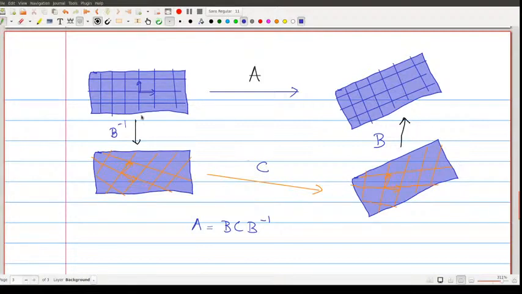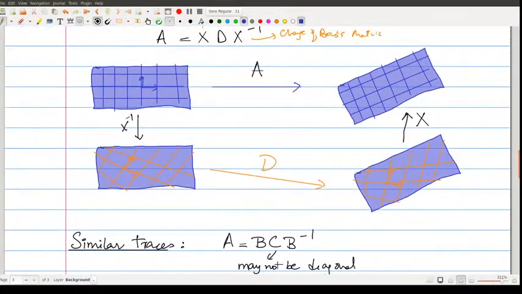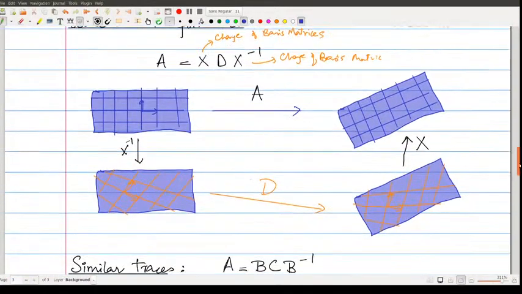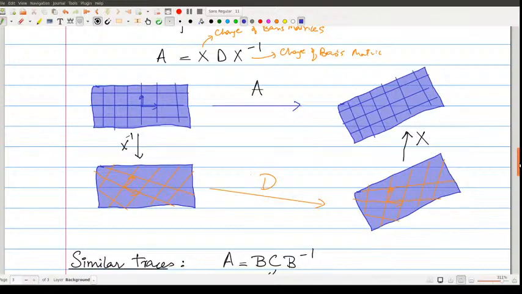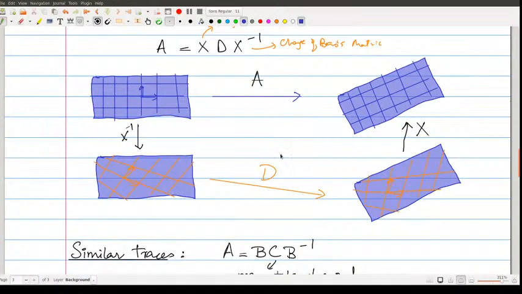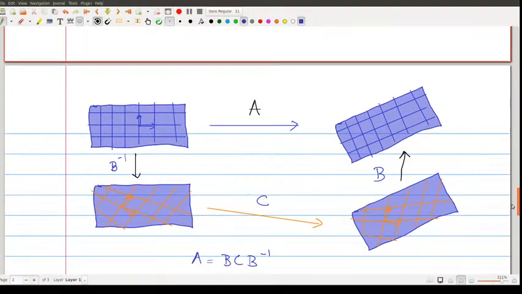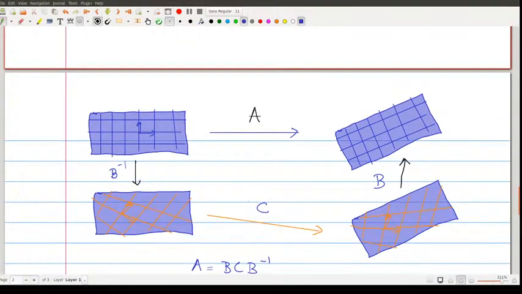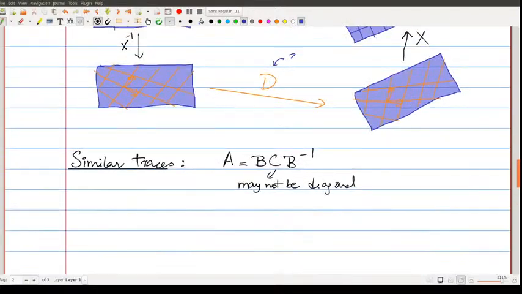Okay, so what's the nice thing about diagonalization? What's the difference between similar matrices and this idea? If this is really the same kind of concept, the crucial difference is getting a diagonal matrix. This C is not diagonal, but this D matrix is a diagonal matrix.